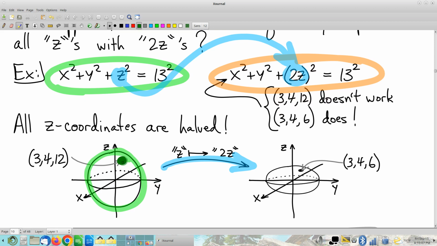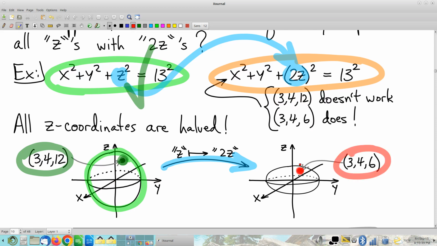This point here, 3, 4, 12, that works in the original equation, obviously doesn't work in the other equation. That 12 is supposed to be squared. If I plug in 12 in for z here, well, wait a second, in this equation I multiplied by 2, so the 2 messes it all up. But you can kind of account for that, if you will, by plugging in instead 3, 4, 6.